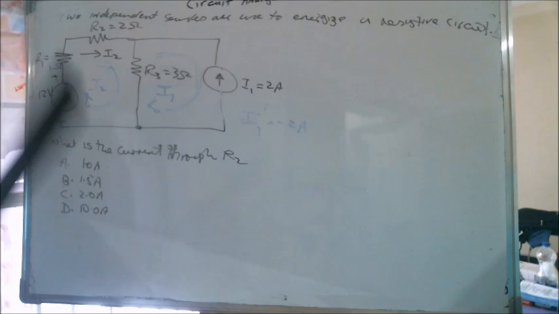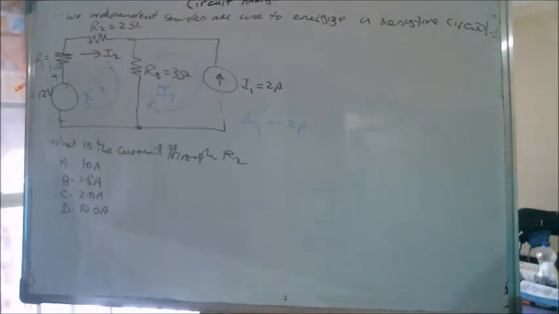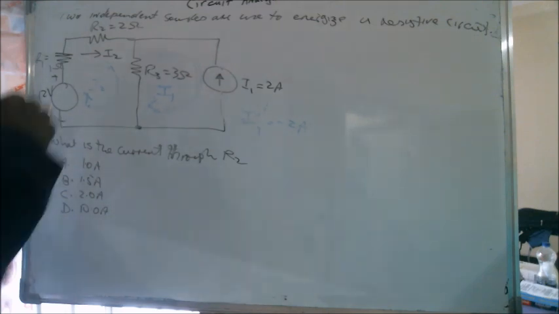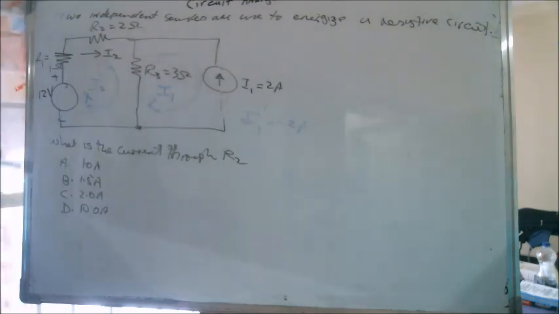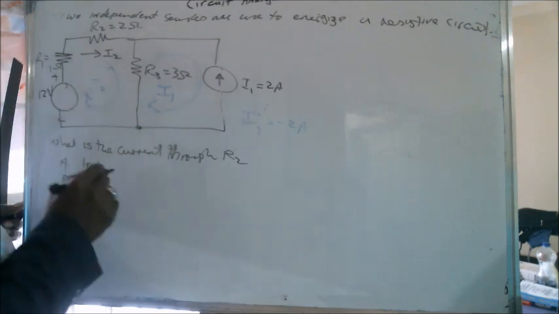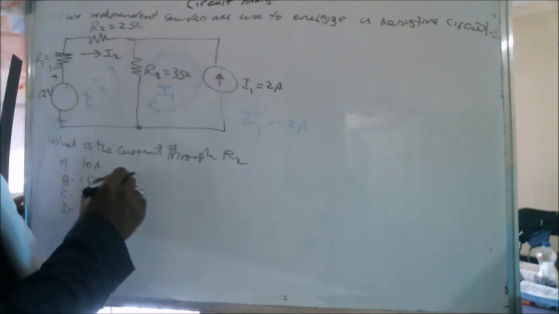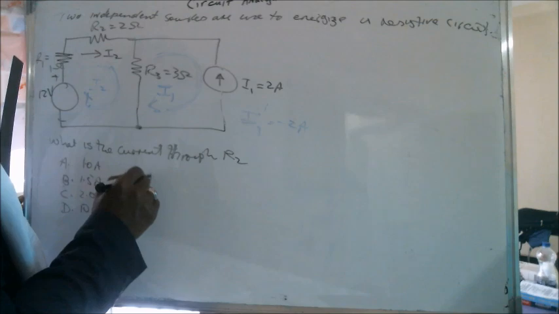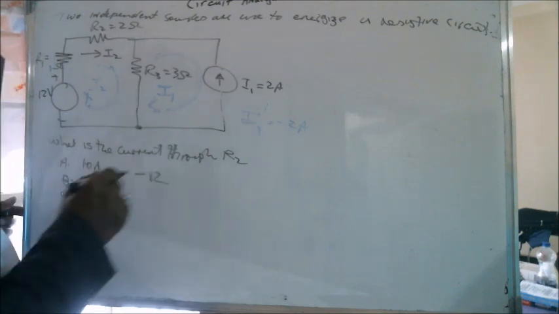Now, let's work each of these loops and try to determine what I2 is. Flowing out of the 12 volt source is minus 12 volts, looking at the 12 volts coming out of the source.